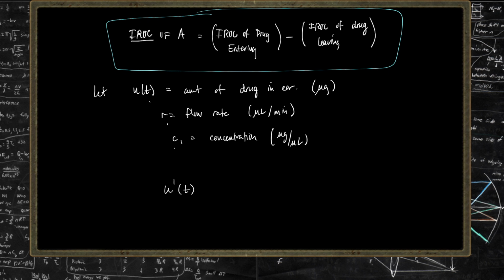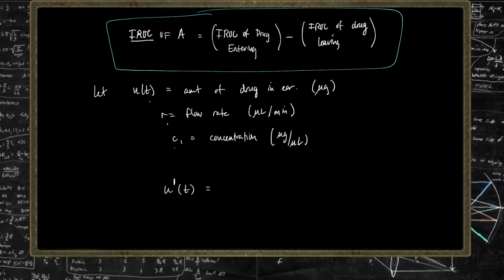Okay, u prime would be the amount of the drug changing in the ear. The amount of the drug changing in the ear is equal to the instantaneous rate of change of the drug entering. Now, here's where we use concentration and flow rate, because we don't really know how much is coming in since it's within a solution. But we do know how much is coming in as long as we know the concentration.